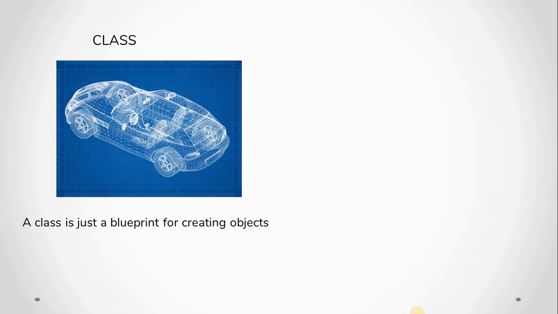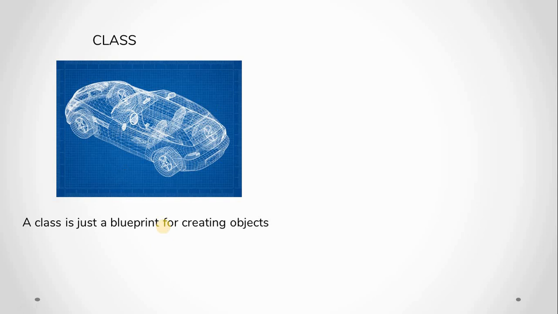In this blueprint we will have some kind of planning for what kind of materials should be used, what kind of tires, colors, and the height and the width, you got it, right? So this is just a basic understanding of how an actual car should look, right? This is just a blueprint, so we call it a class.